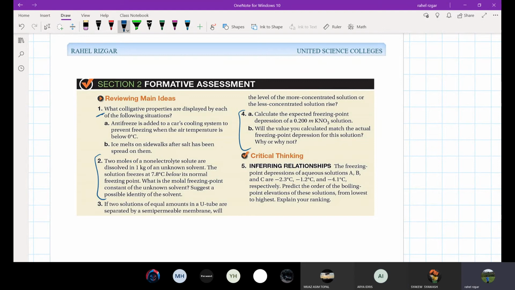A. If antifreeze is added to a car's cooling system to prevent freezing when air temperature is below 0, then it's talking about freezing point depression, because we don't want the water to freeze.